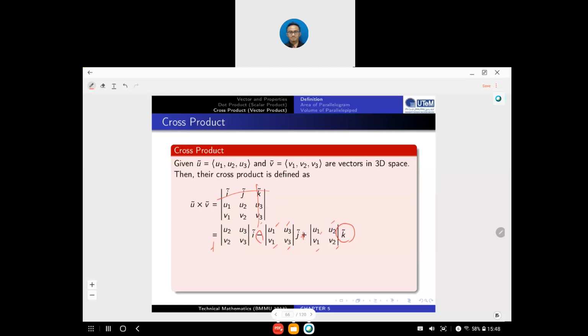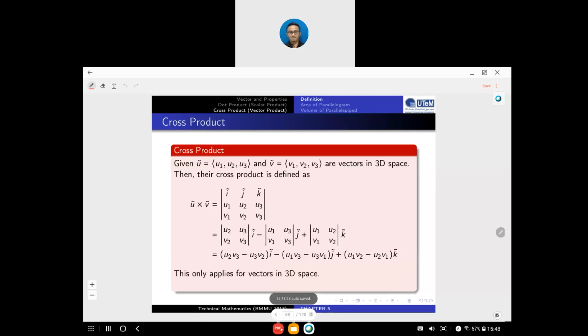So your answer you can get in terms of a vector. Remember, for cross product the final answer is in terms of a vector. But for dot product the final answer is in terms of a number, a scalar. It will no longer be in vector form. But for cross product the final answer is in terms of a vector.